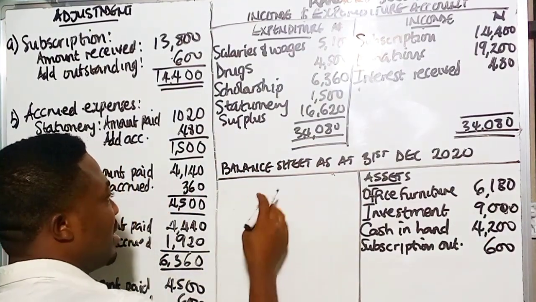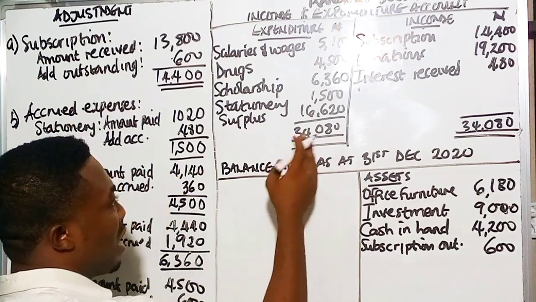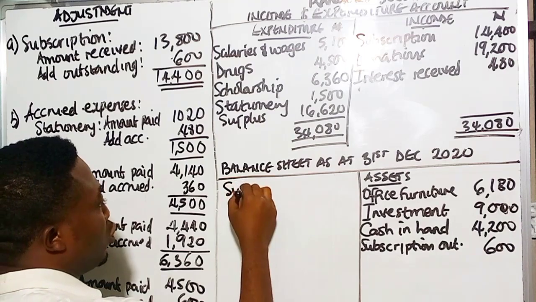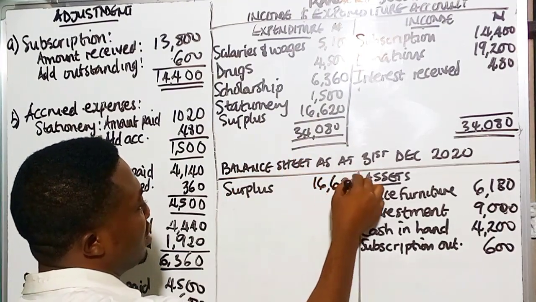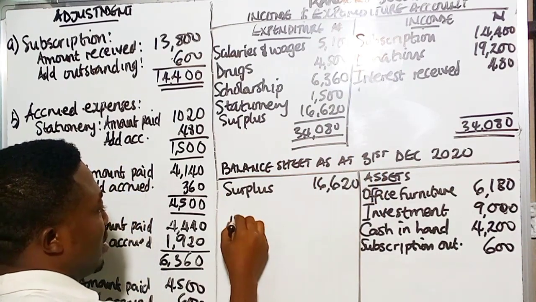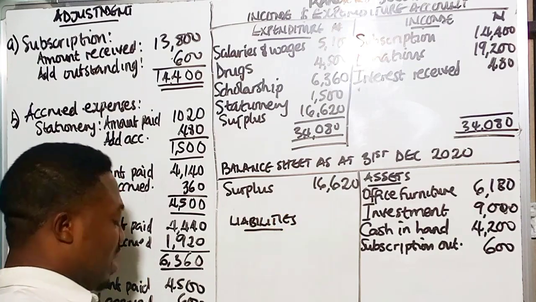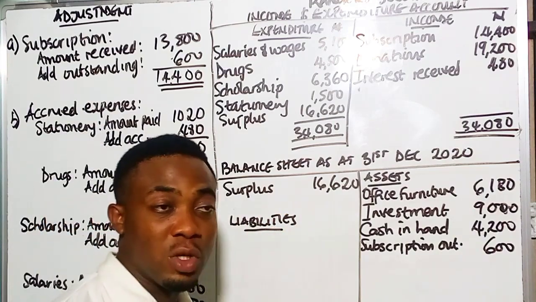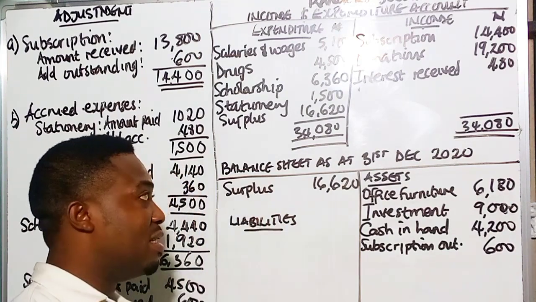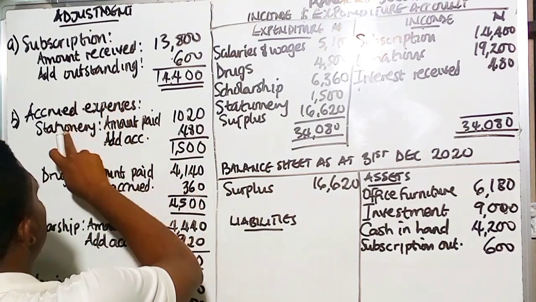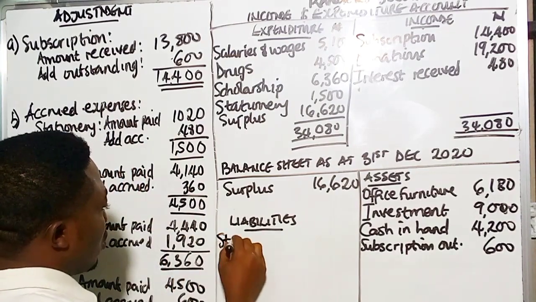Now let's see the left-hand side. We're supposed to have an accumulated fund, but there's no accumulated fund given in the question. So we just put our surplus, which is 16,620. Then we have our liabilities. We check all the items in the additional information that were accrued; all those expenses that were accrued are liabilities.